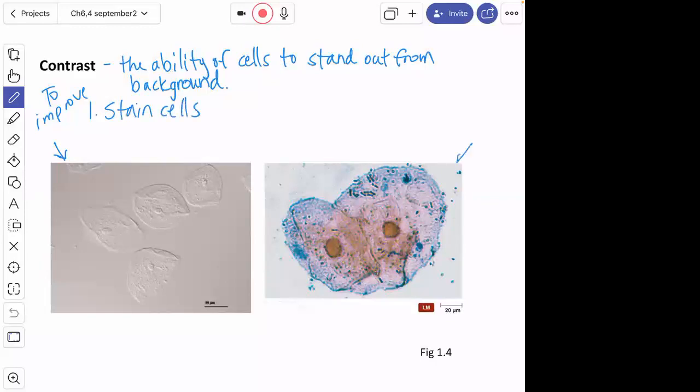Okay, so in this picture on the right, they've added maybe methylene blue or maybe another dye so that you can see the edges of those cells. So it stands out from the background. Unfortunately, staining cells always kills the cells. So that's kind of a drawback.